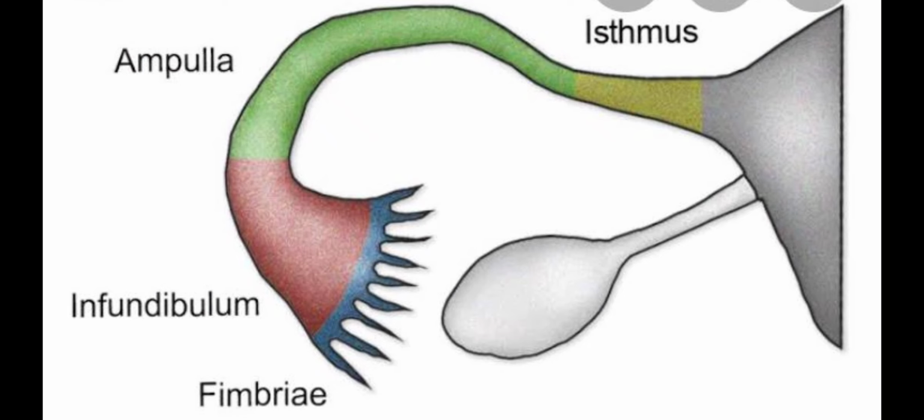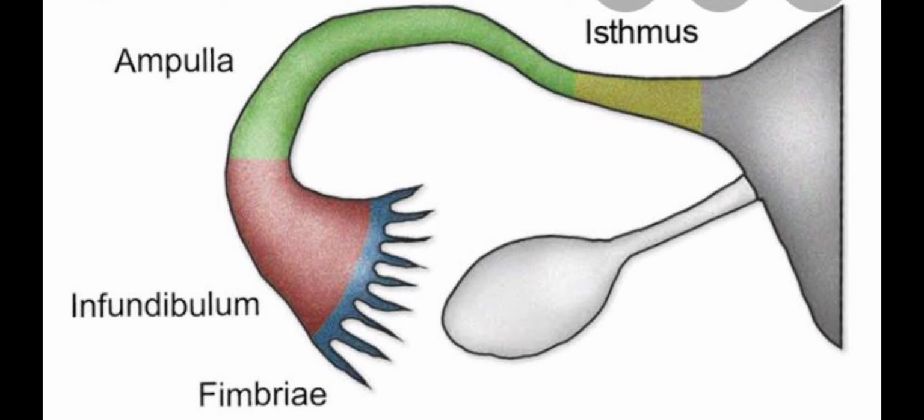Now, this is the broad view of the fallopian tube and its divisions. The oviduct is divided into three parts: infundibulum, ampulla, and isthmus. The infundibulum has a funnel-like structure, and it bears finger-like processes called fimbriae. These fimbriae help in collection of the ovum after ovulation.